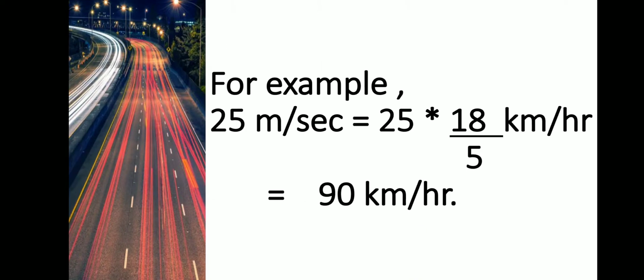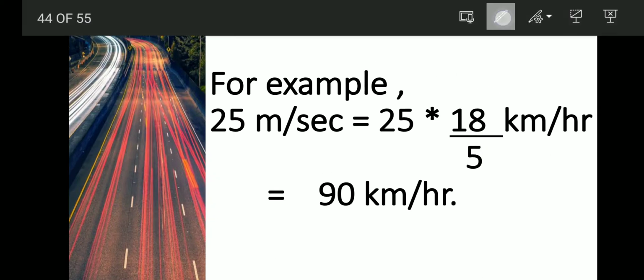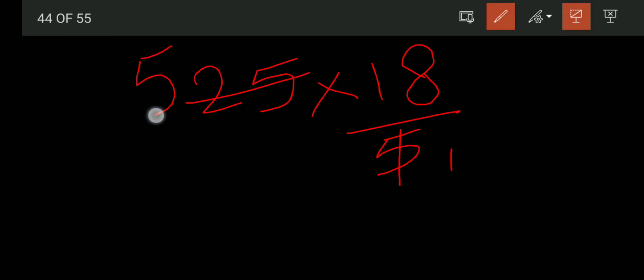Now let us see an example. 25 meter per second is converted into kilometer per hour by multiplying with 18 by 5. Twenty-five into 18 by 5. 5 ones are 5. 5 fives are 25. 5 eights are 40. 5 ones are 5 plus 4, 9.